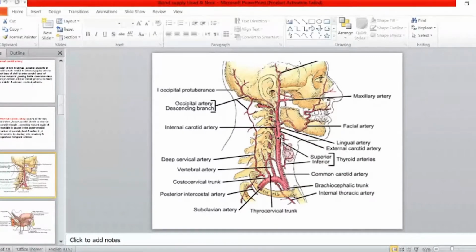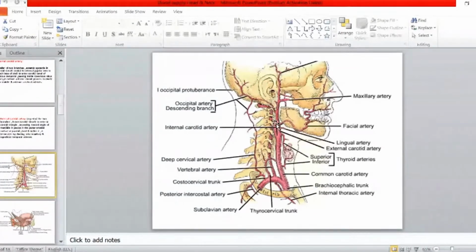The internal carotid artery, the smaller of the two branches, continues inside the carotid sheath until it reaches the base of the skull, where it enters through the carotid canal to pass inside the cranial cavity. This is for the supply of the brain. Most of the brain is supplied by the internal carotid artery.